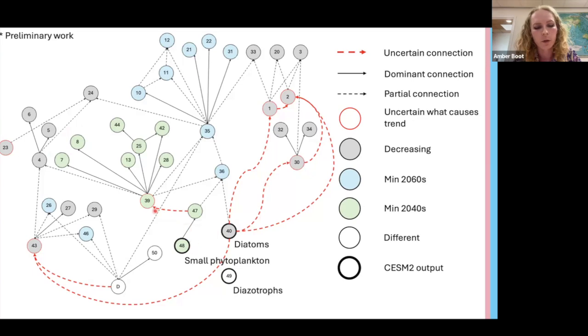And then the combined response of 39, 47, and the diatoms explains what happens in 36 and 35, which is then important for these groups, right? I need to test this with biomass weighting and do a lot more work on it, but this is at least what's coming up.